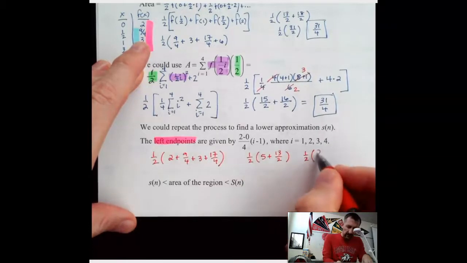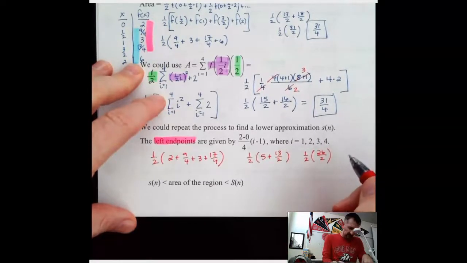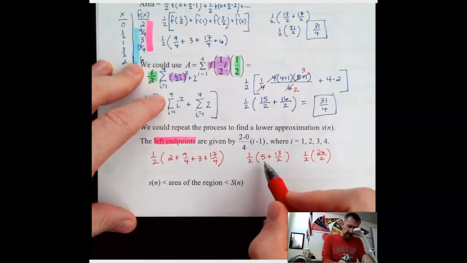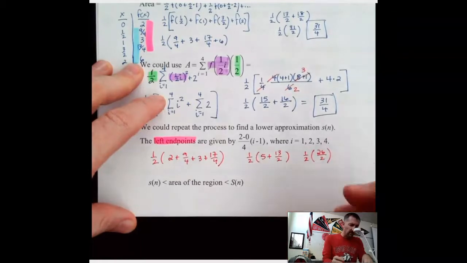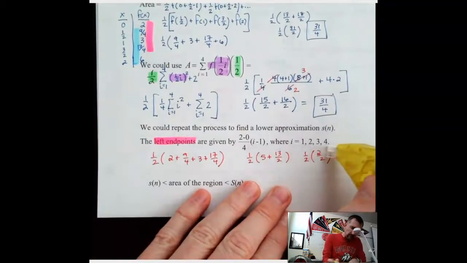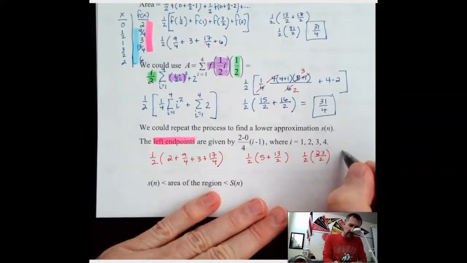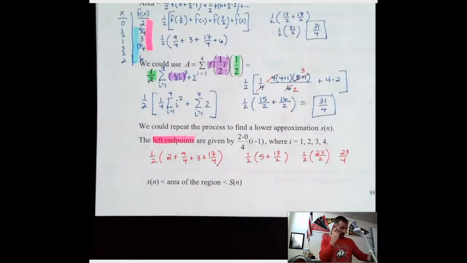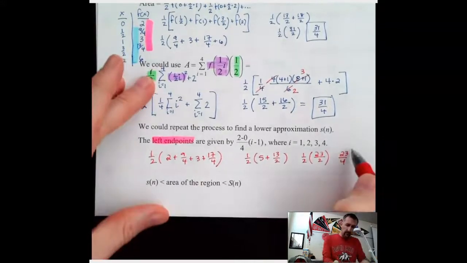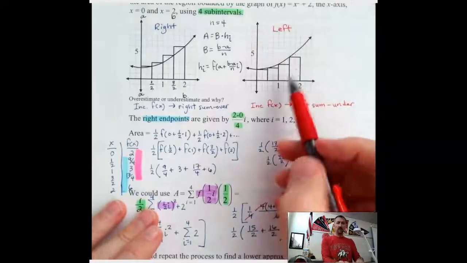That would be 26 over 2, which would be, hold on a second, 23. So that would be 23 over 4. Okay. For the one on the right up there, coming from the left side.